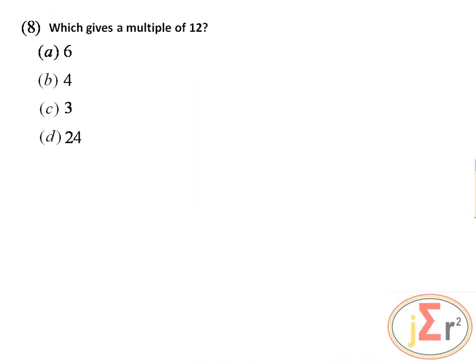Which gives a multiple of 12. Which one of these numbers we have right here is a multiple of 12? When you hear the word multiple, which other word comes to mind, Jerry? Multiply. That's correct. So a multiple is obtained by multiplication.